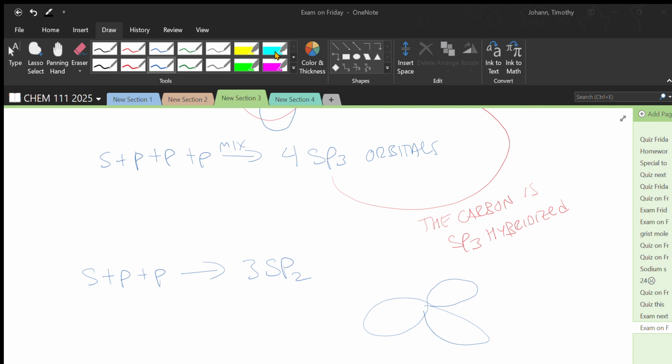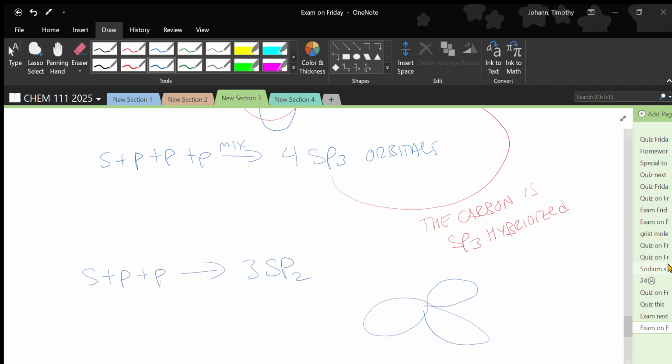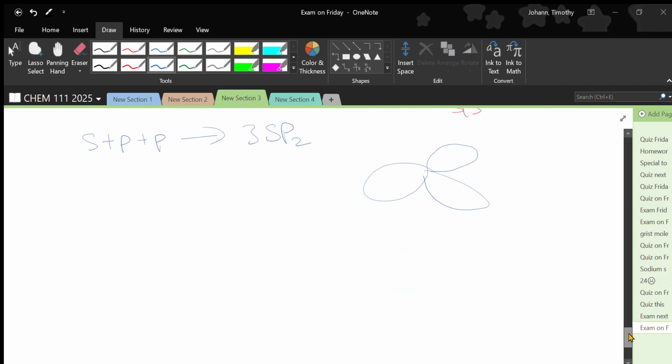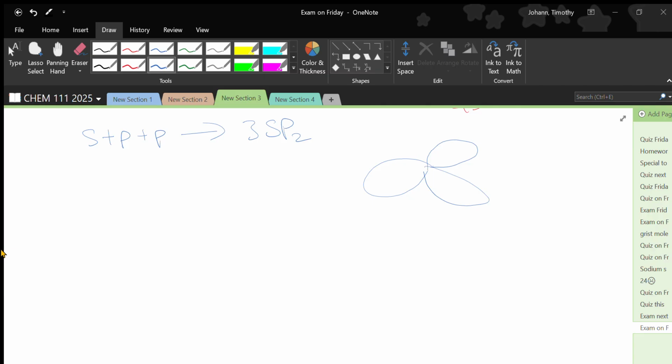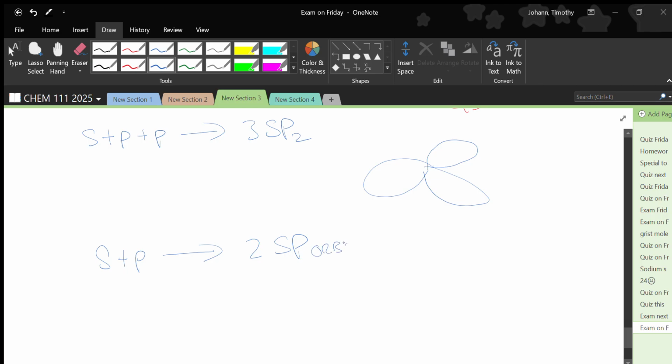Okay, and then finally, I can mix one S with one P, and I can get two sp orbitals. And what that's going to give me is my linear arrangement.